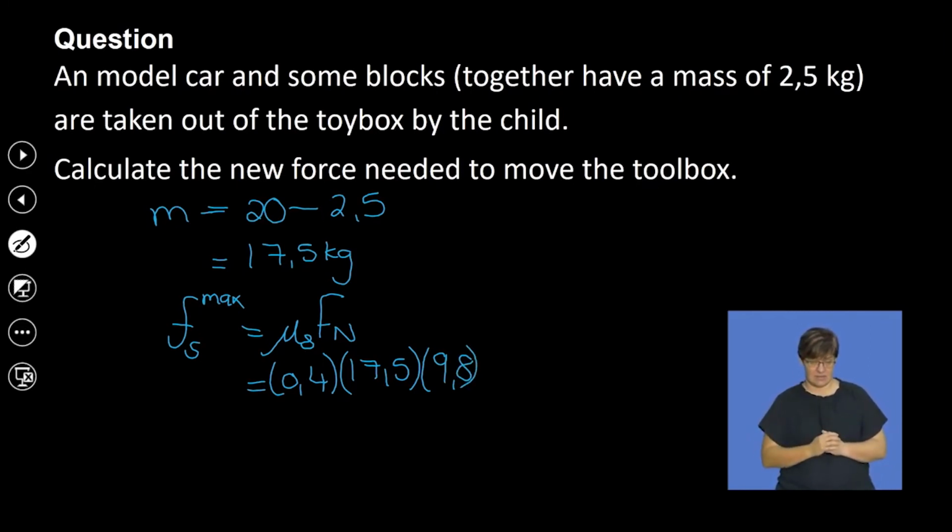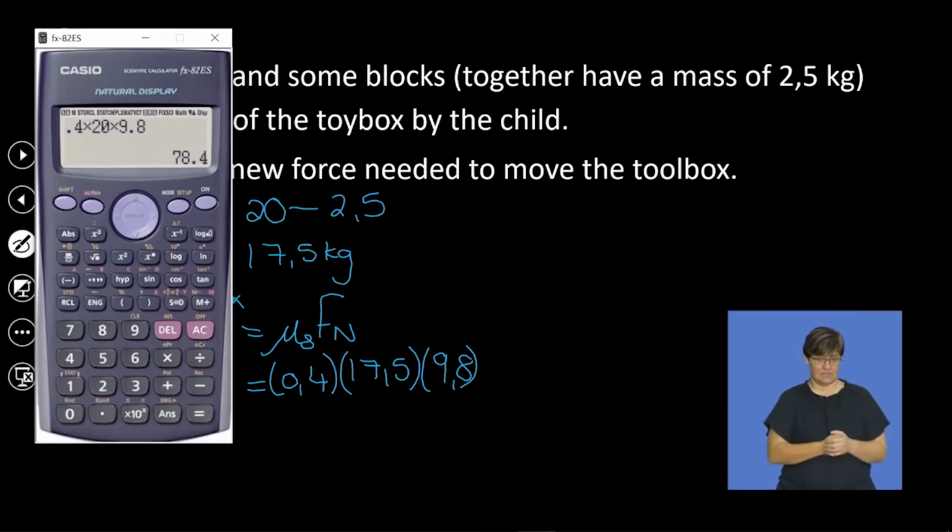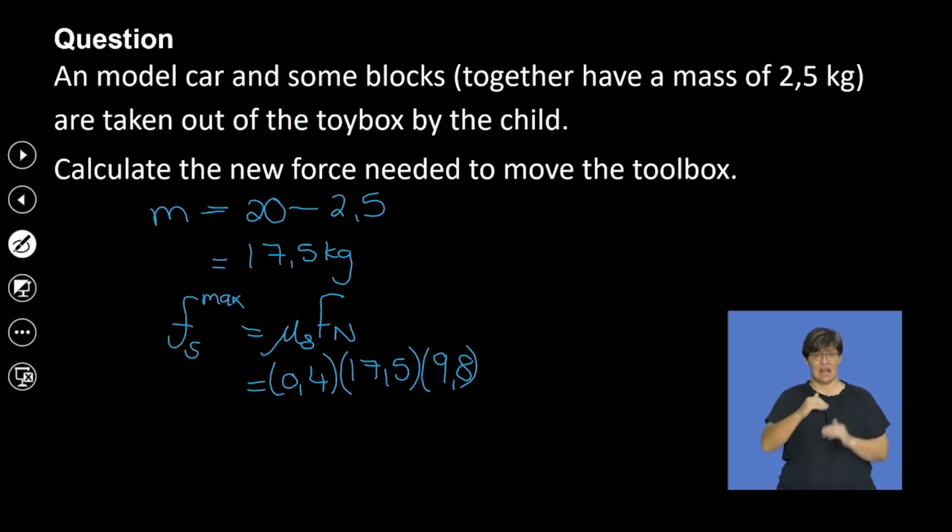We take our calculators out because we can't do this in our head. 0.4 times 17.5 times 9.8. Oh, no. There we go. 68.6. It's smaller. So, 68.6 newtons. We expected it to be smaller because the mass was smaller.